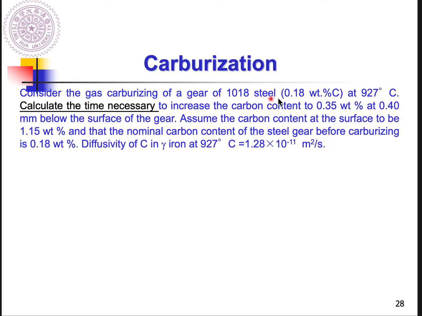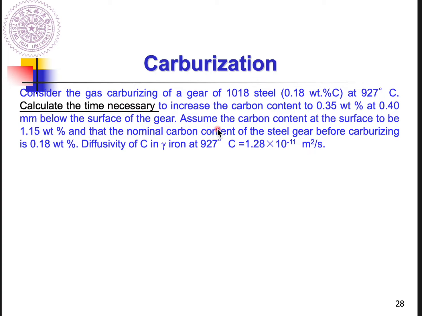This steel has 0.18 weight percent of carbon, so C0 is equal to 0.18 weight percent. Please calculate the time necessary to increase the carbon content from 0.18 to 0.35 weight percent at x equals 0.4 millimeter below the surface of the steel.